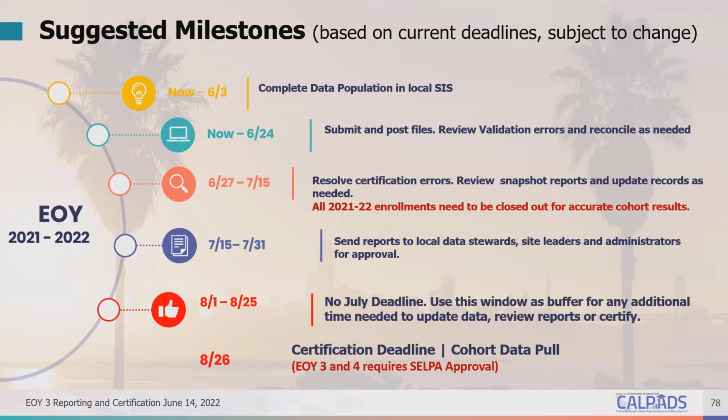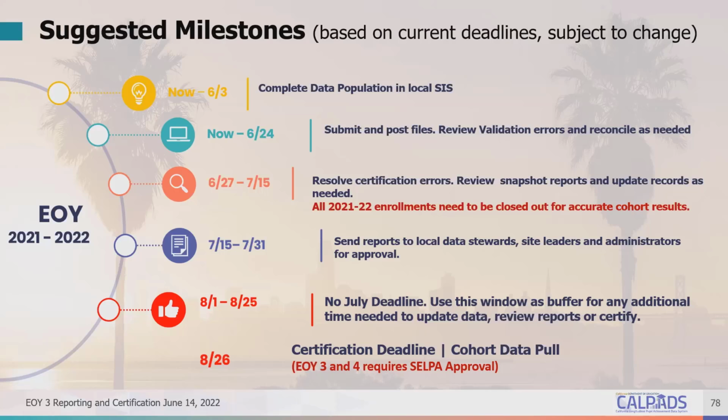If you can, send reports to local data stewards. So if you've completed end of year 2, if you've completed end of year 4 in July, there's nothing that would prevent you from approving and certifying, getting the reports reviewed by your administration.